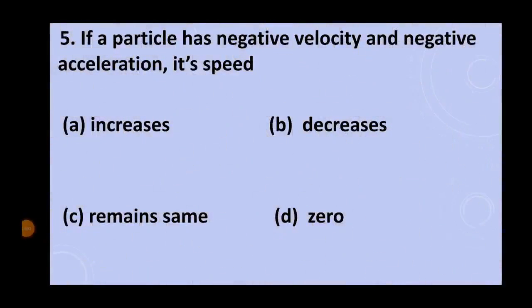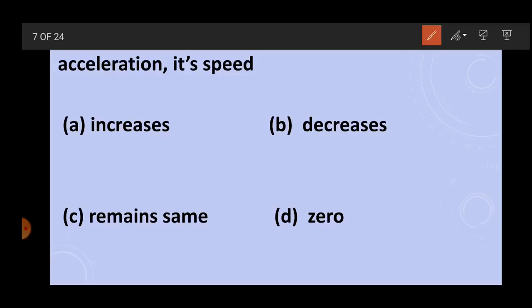Next, fifth problem. If a particle has negative velocity and a negative acceleration, what is speed? Increases or decreases? Now tell me, velocity of the particle along positive x direction, and also acceleration in positive x direction.